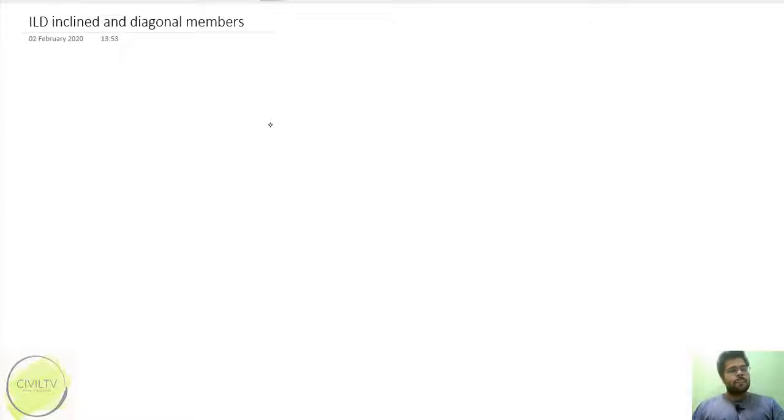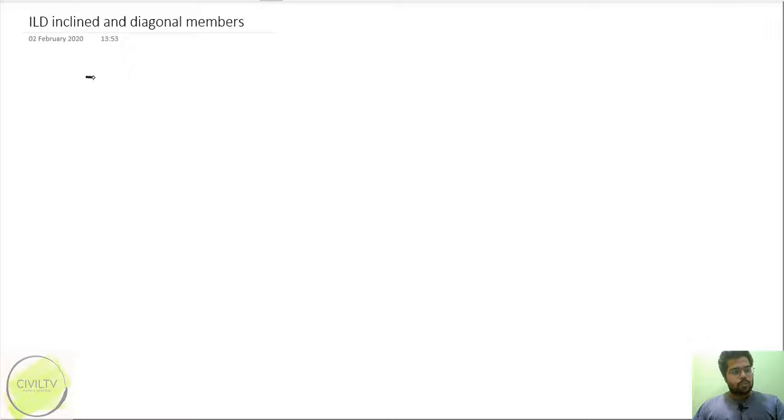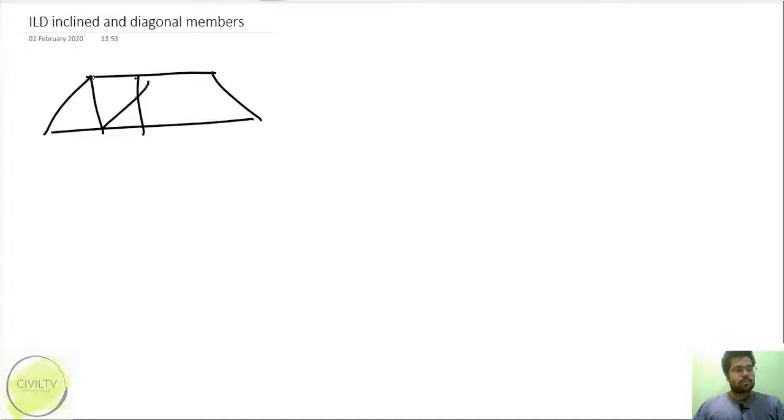So let's start. What I'm talking about is something like this, and like this. This is the diagonal member, and this is the vertical member.